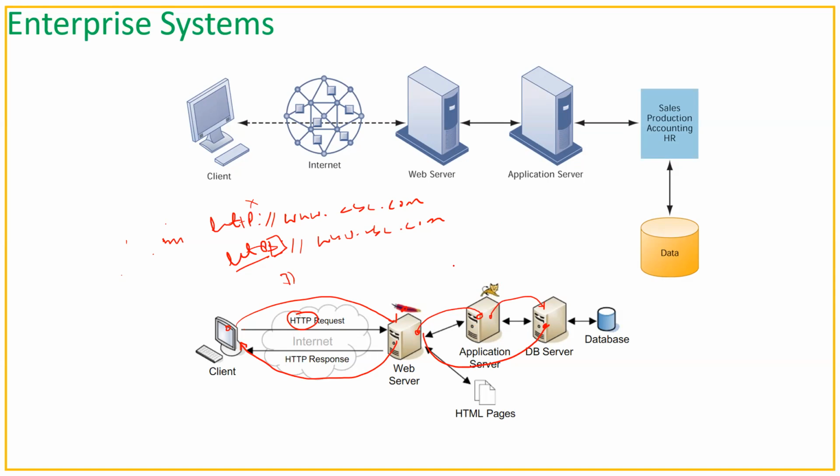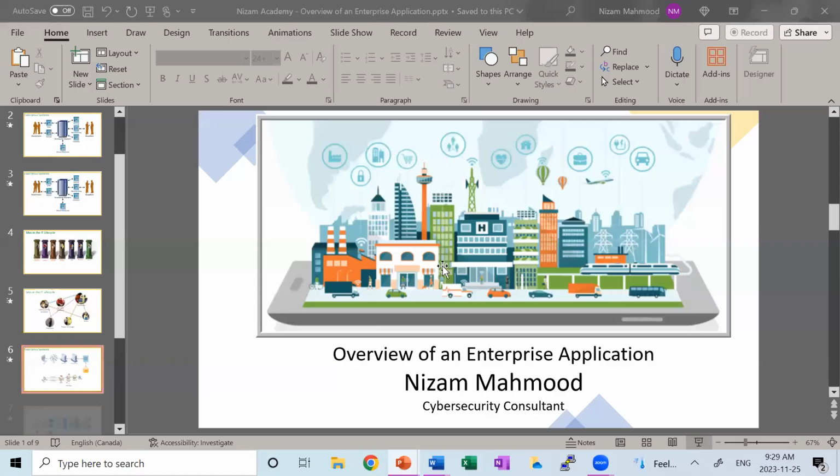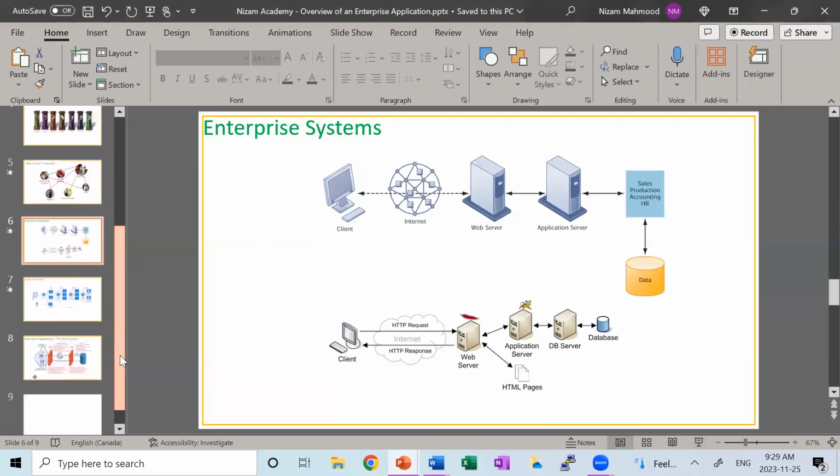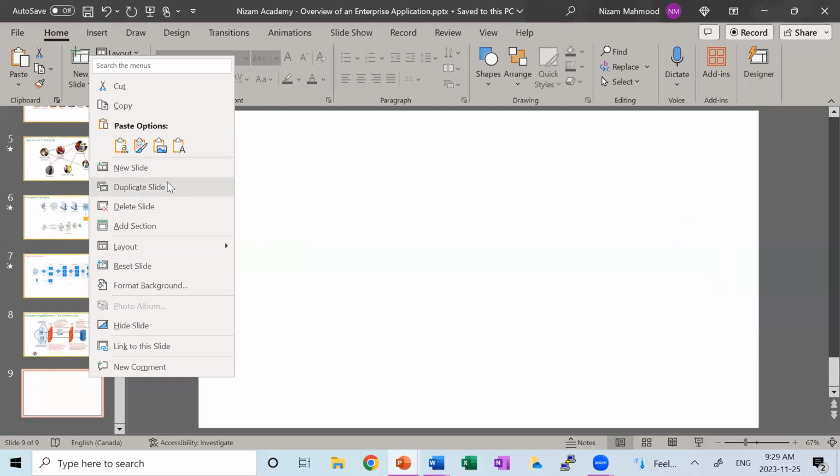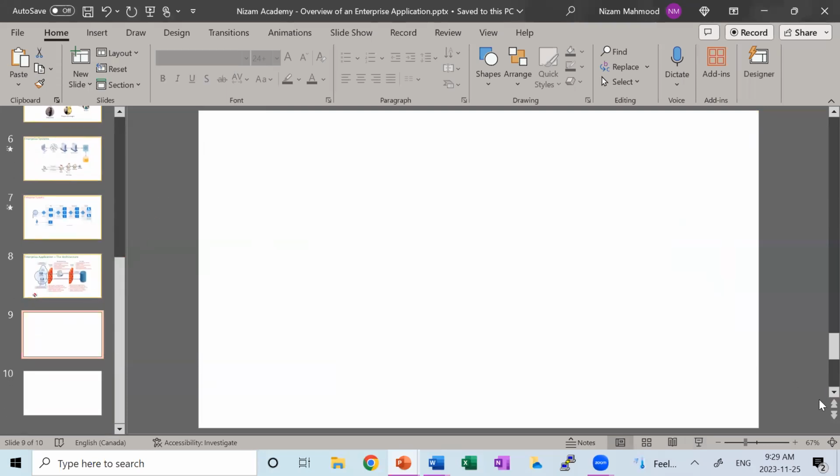So if we dig into this a little bit more, let me draw a diagram for you. So maybe I can take a white page here. Okay. So let's say in the previous diagram, as you can see, an application has at least 3 layers.